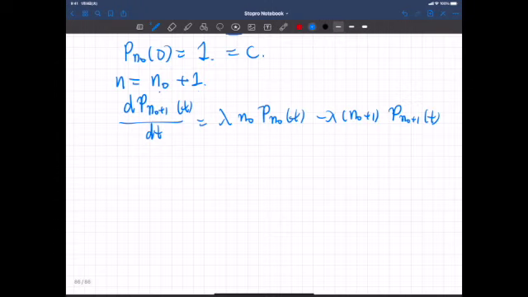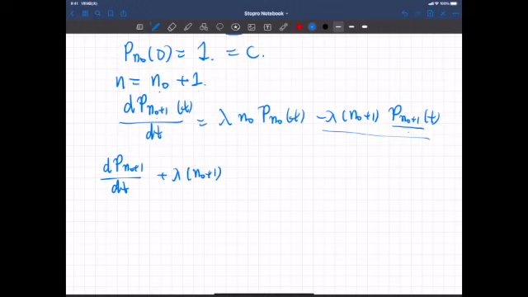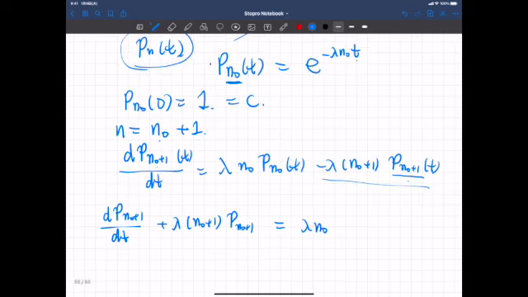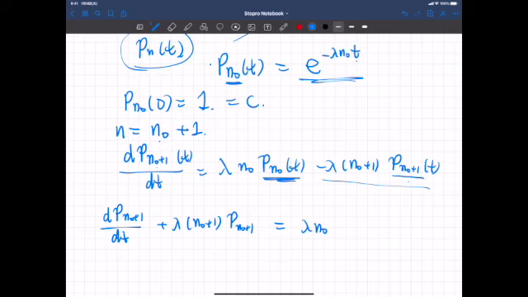Okay, so let's see. We have n0 plus 1 here and here. So let's move the second term to the left-hand side. So we have this plus lambda n0 plus 1 P n0 plus 1 equal to lambda n0 times the solution we know, which is exponential of negative lambda n0 t.